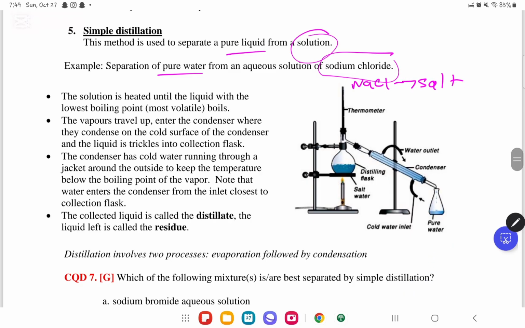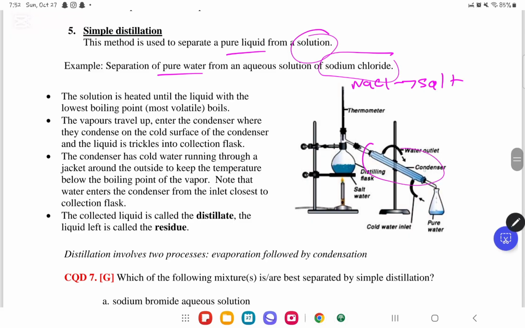First thing is the solution is heated until the liquid with the lowest boiling point, the most volatile, boils. So if we're taking the NaCl and pure water example, definitely the water has a lower boiling point than salt, so it will evaporate first. After that, the water vapor will travel and enter the condenser.